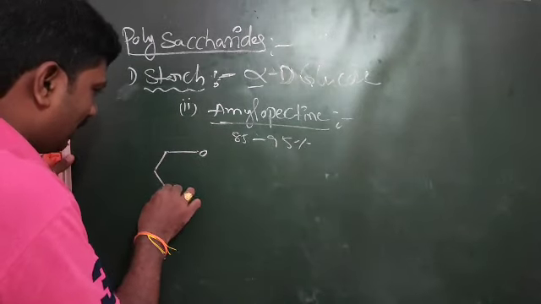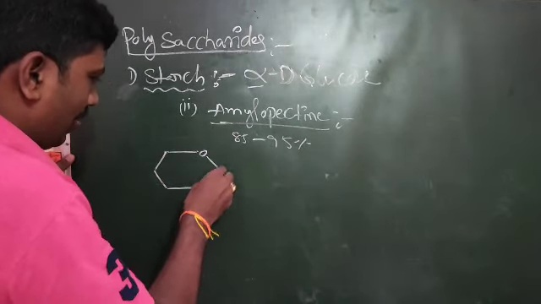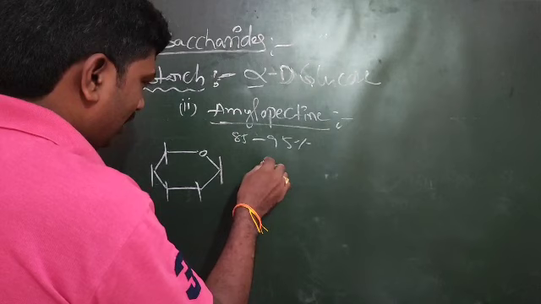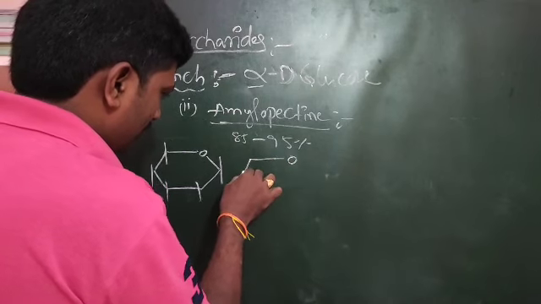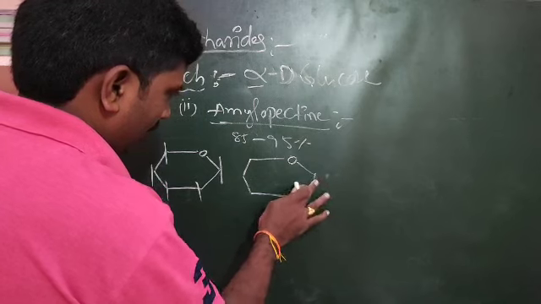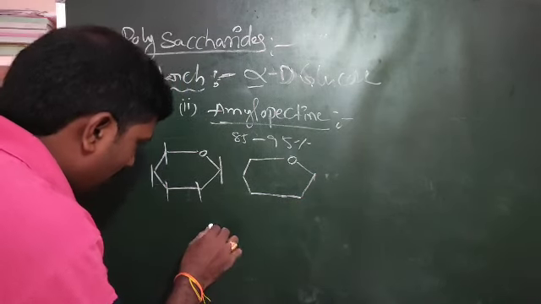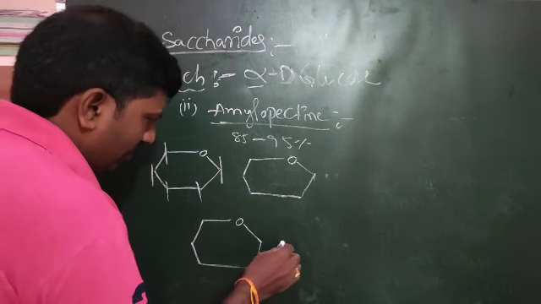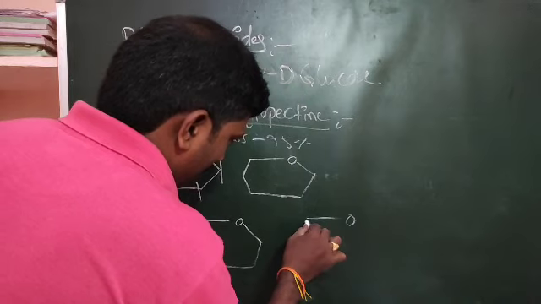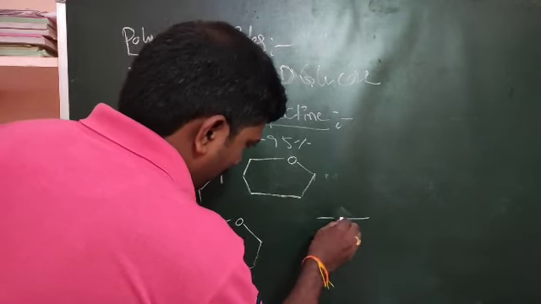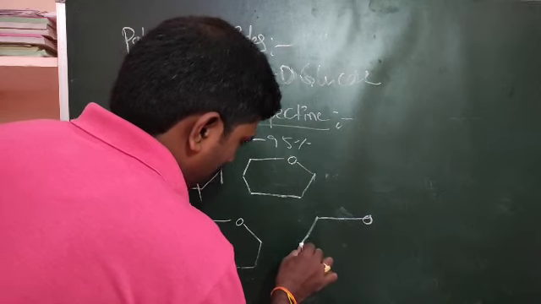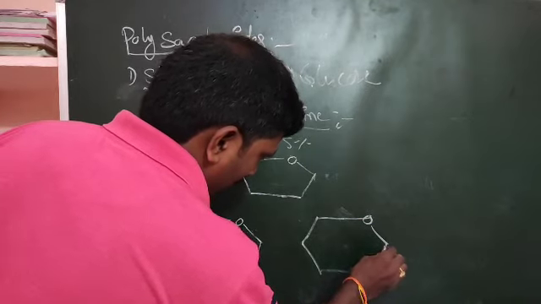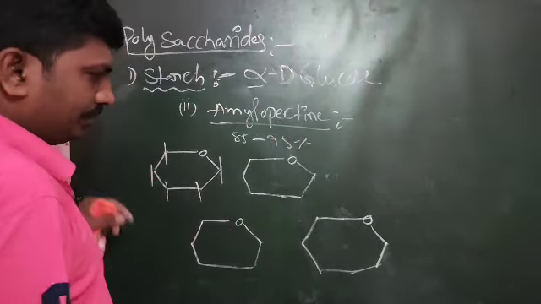So this is one alpha D glucose, and another alpha D glucose is also there like this. Here is another alpha D glucose, and another alpha D glucose is present.